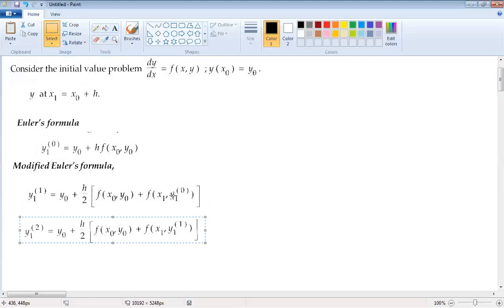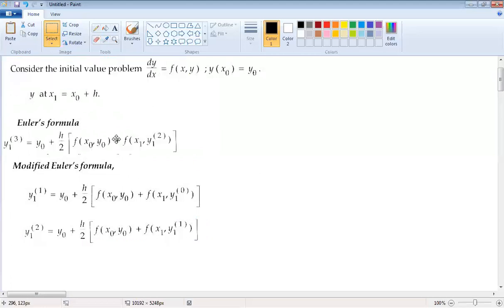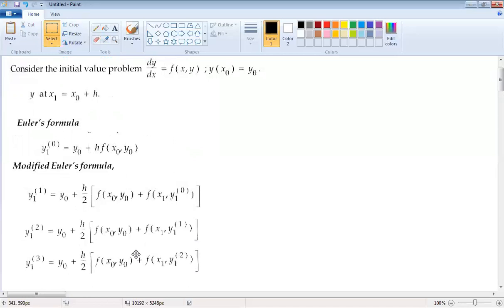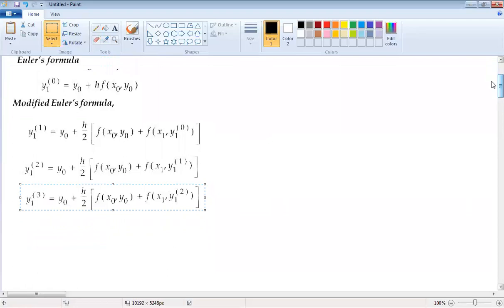You remember the change is only from y1 of 0, now we are using y1 of 1. So similarly, we can write the formula for y1 of 3. This process we need to continue till we get successive values of y same up to 4 decimal place.